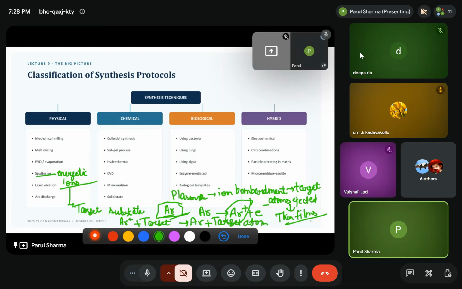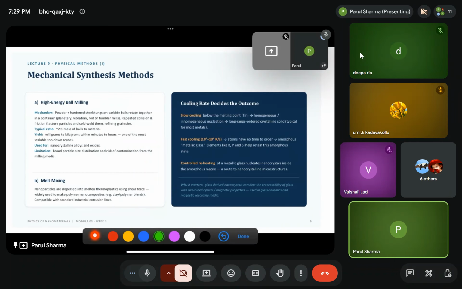So this is the sputtering technique. So next, let's quickly look at high energy ball milling. What was the mechanism? We have a powder plus hardened steel or tungsten carbide walls.